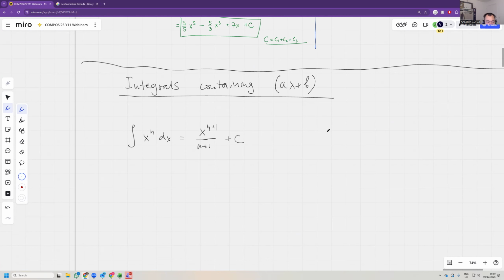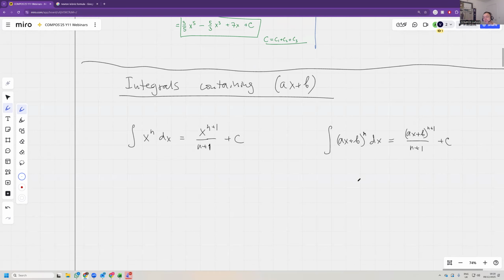Wouldn't it be absolutely amazing if instead of x I had, for example, (ax plus b) to the power n? Wouldn't it be really nice of calculus that this would be (ax plus b) to the power n plus 1 divided by n plus 1 plus c?